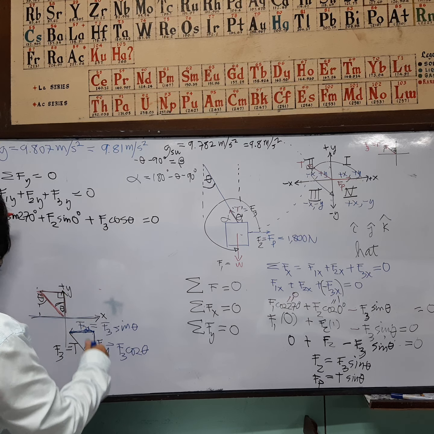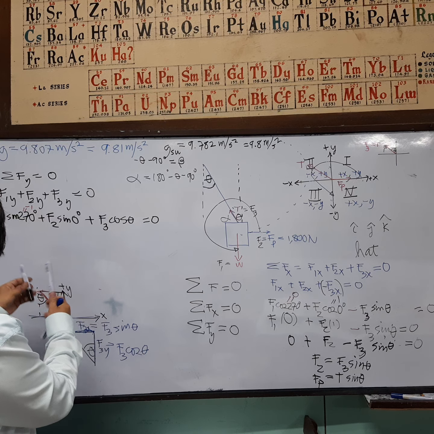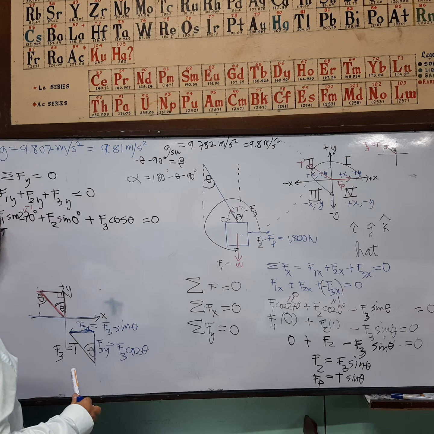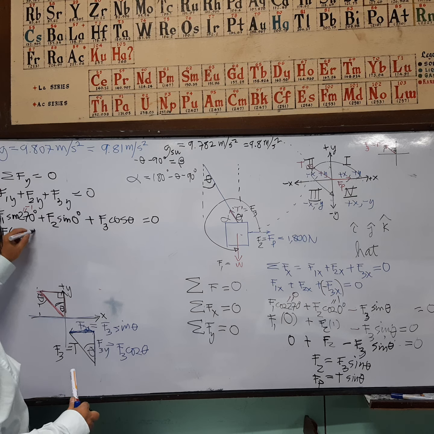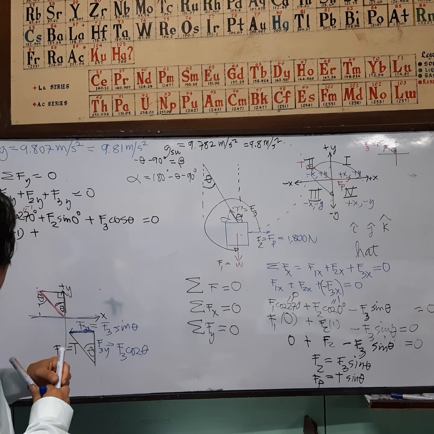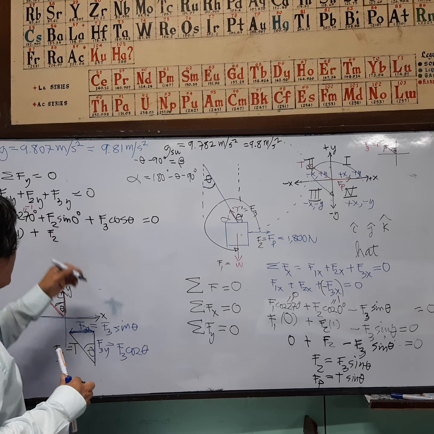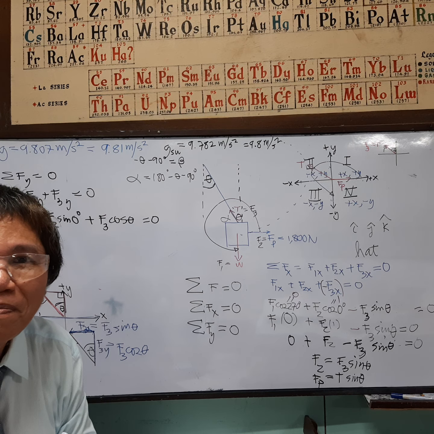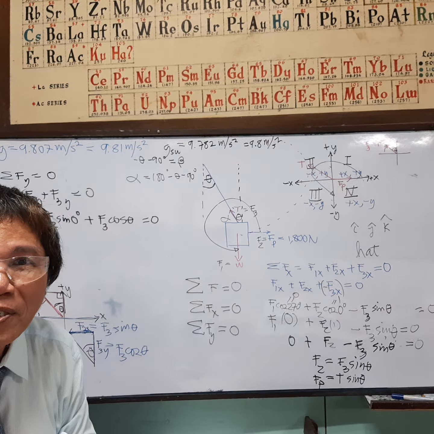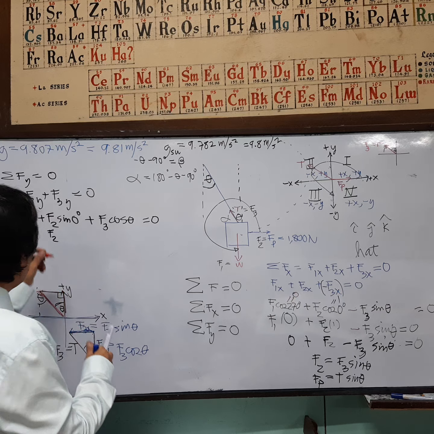So you will have F1 times negative 1, plus F2 times sine 0. What is sine 0? Sine of 0 angle is 0.